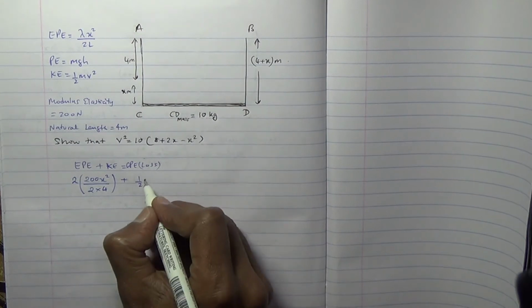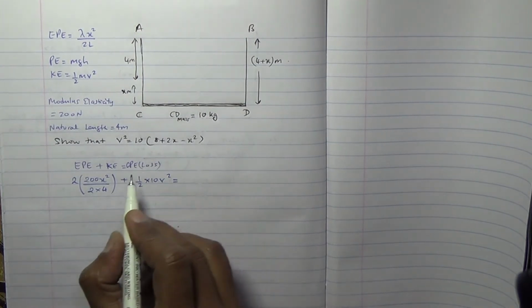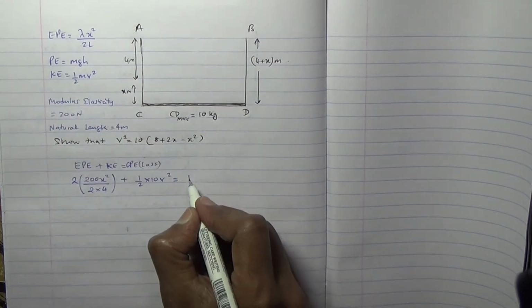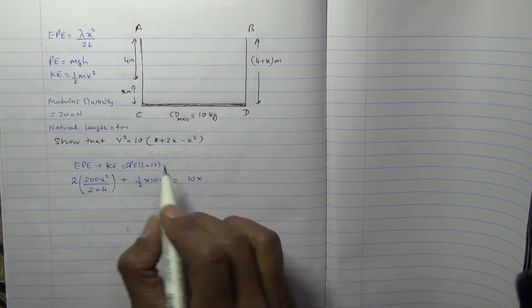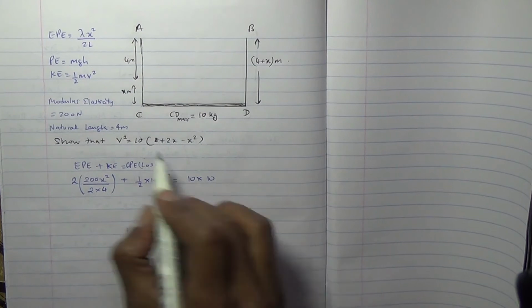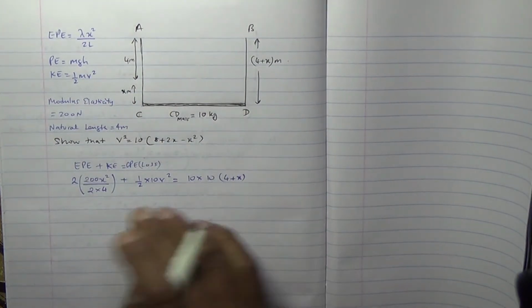Half m is 10 times v squared, and all of that is equal to the gravitational potential energy, which is mgh, so 10 times 10 times h, and h is the length. So we set up an equation.